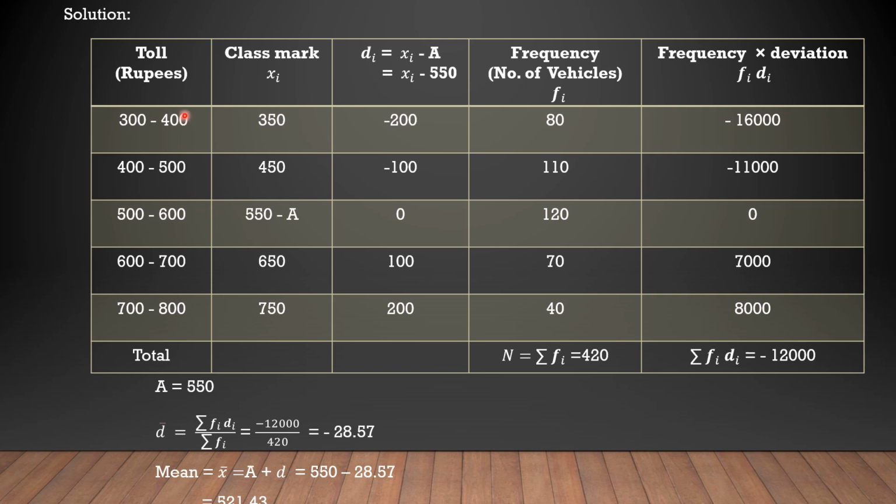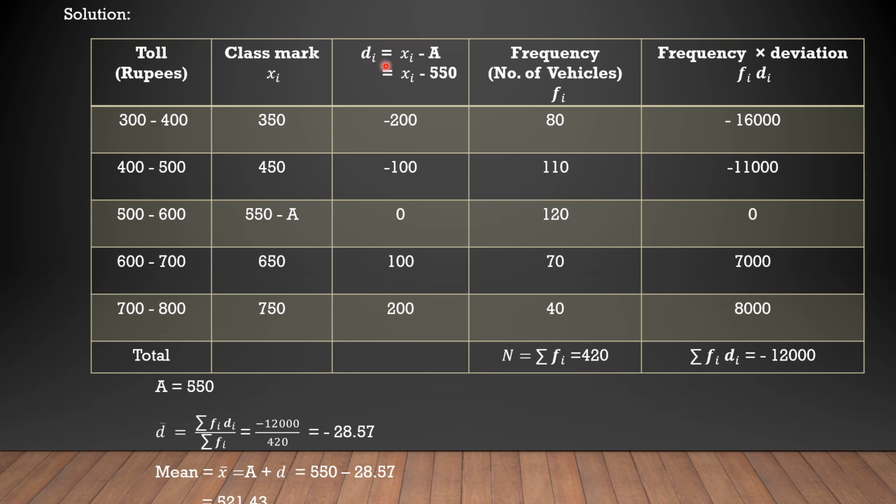Then we assume the value of A. So from this xi, we assume any value. So here I assume A is equal to 550. You can assume any number. You can assume 450, 350, 650, any number. So here I assume A is equal to 550. So then we calculate value of di.